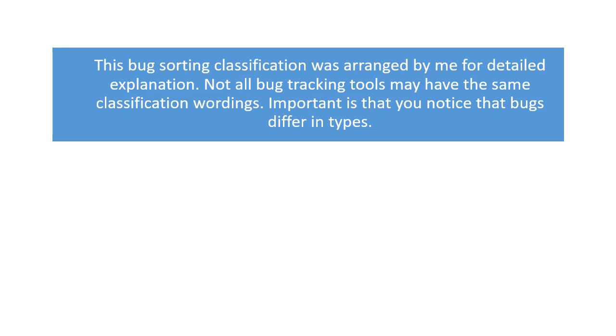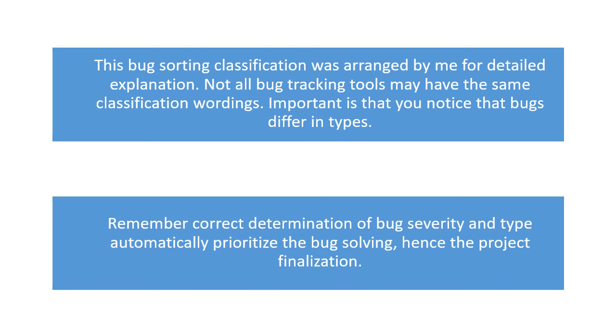The wordings will be almost similar, and you will understand according to the bug tracking tool how they are classified. Remember, correct determination of bug severity and bug type automatically prioritize the bug solving, hence the project finalization.